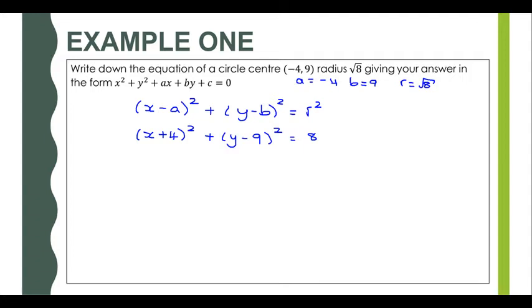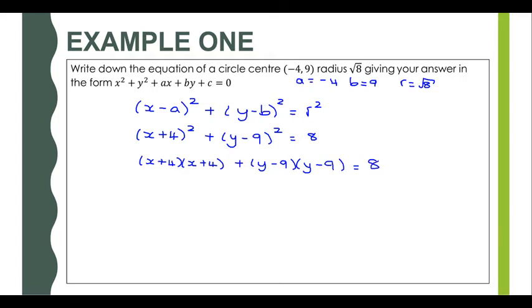And then we need to expand this to get it in the form required. So remember that x plus 4 squared is x plus 4 times x plus 4. And if it helps, write it out like that. y minus 9 squared is y minus 9 times y minus 9.